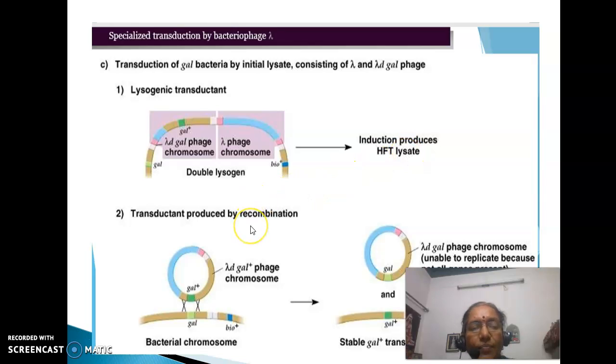In the second one, the gal marker is on the transductant, and when it injects into the recipient cell, there will be crossing over. So exchange of the gal plus marker with gal minus will result, and that's how a stable transduction happens.